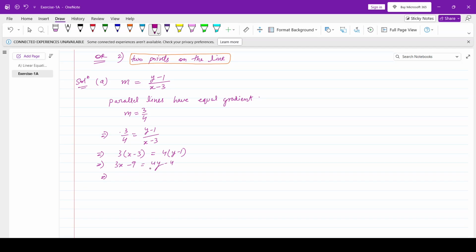Now keeping y on one side, I can say 4y equals 3x minus 9 plus 4, which is 3x minus 5. Taking 4 to the other side, y equals (3x minus 5) divided by 4. I can write this equation in the form y is equal to 3 by 4 x minus 5 by 4. This is the answer that we have been looking for.